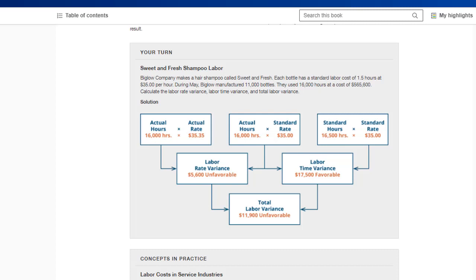On the other hand, the company originally expected to have to pay for 16,500 hours. They actually only needed, and thus only paid for, 16,000 hours, so in terms of the number of hours they paid for, they did better than expected. Worse than expected on the rate, better than expected on the number of hours. So overall, are they better off or worse off?